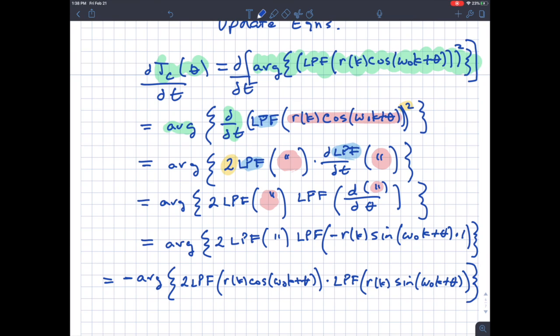I highlighted the low-pass filter in blue because that's the inside. So I bring the two down, I'm left with the inside, which is the low-pass filter, and I copy all this stuff right back in here. So 2 times the low-pass filter, and then you multiply by the inside derivative.